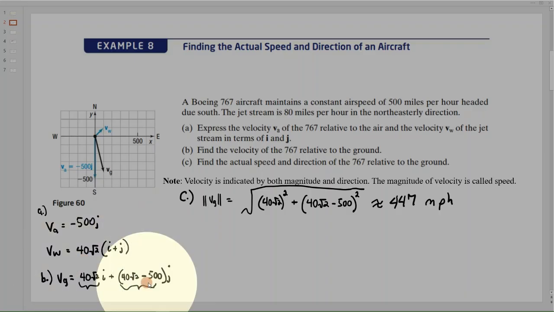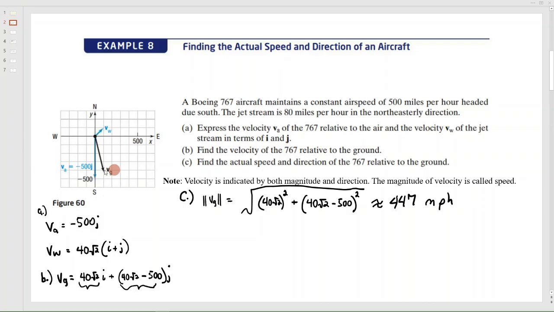Because this vector is now in standard position, so the endpoint is this coefficient by this coefficient. So because we know that the endpoint where VG ends is 40 times the square root of 2 for x, 40 times the square root of 2 minus 500 for y, we can use the inverse tangent to find what we're after. And remember, the inverse tangent is defined between here and here, so we are in the space where it's defined, so we shouldn't have to do any translation. If it were over here, we might have to translate, or over here.